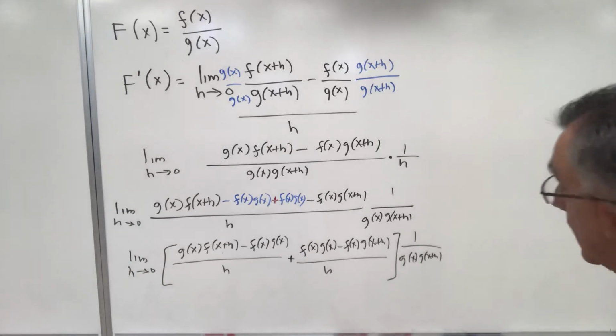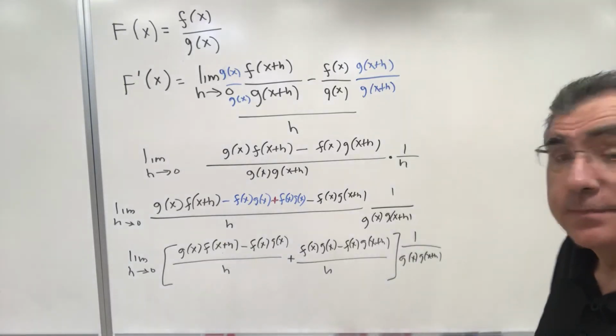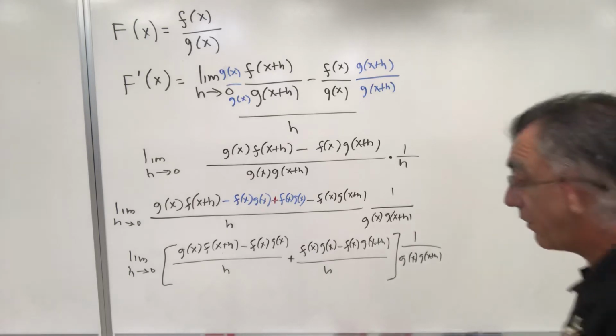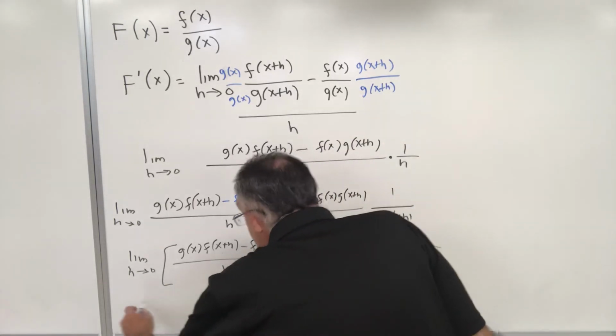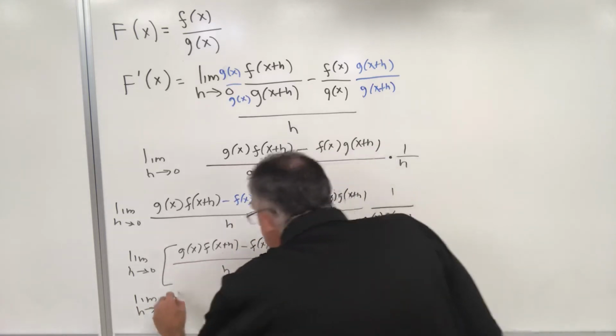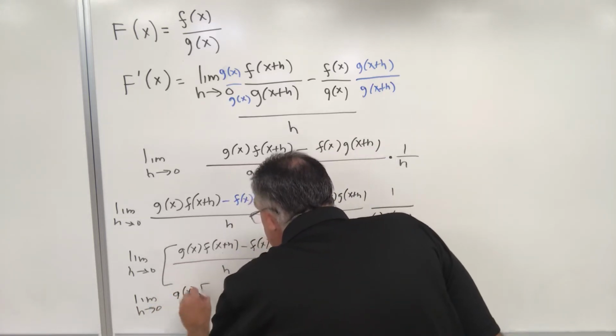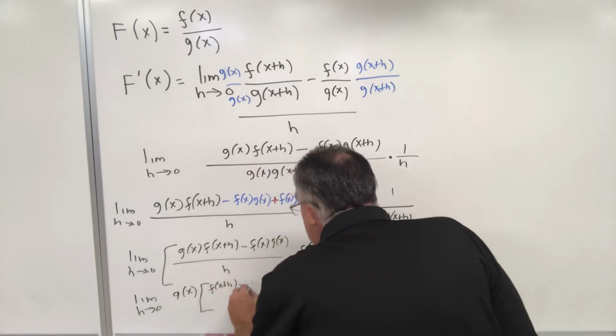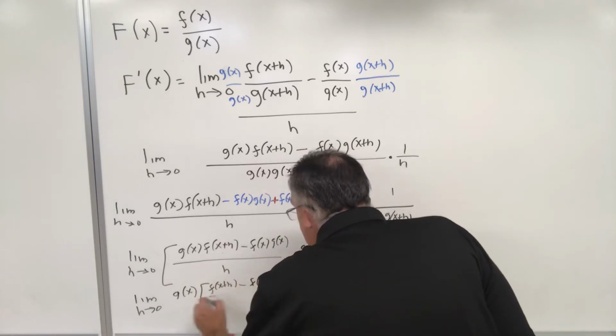So now, we're running out of room here. Should I finish it? I think I have enough room for one more. So I've got the limit as h goes to 0. I'm going to factor out the g of x: f of x plus h minus f of x over h.